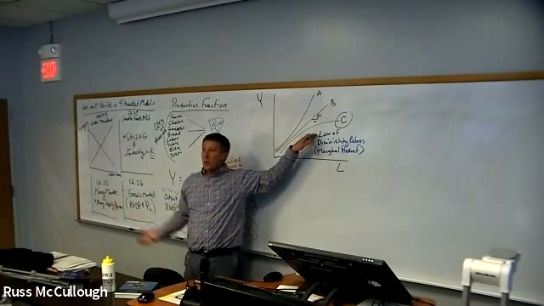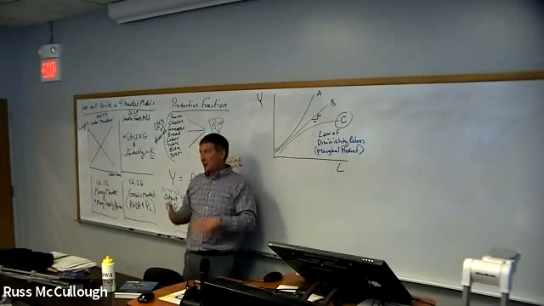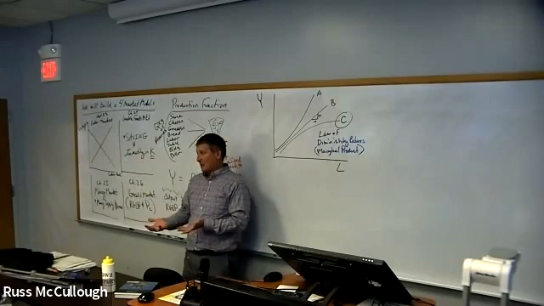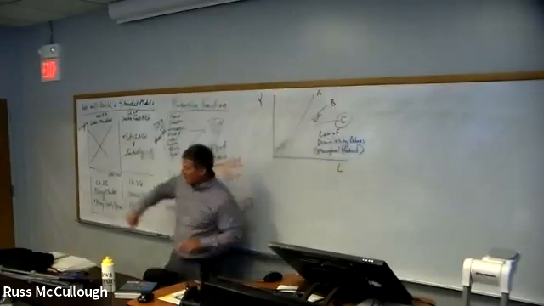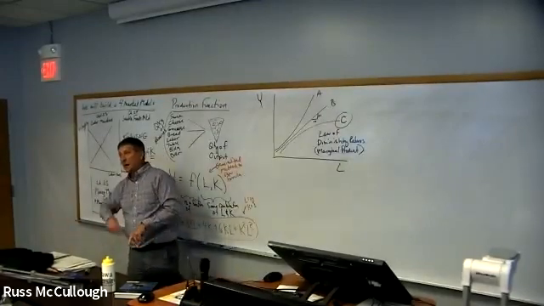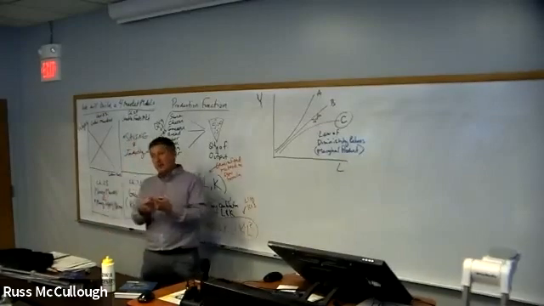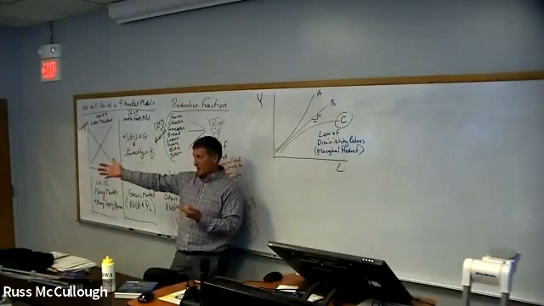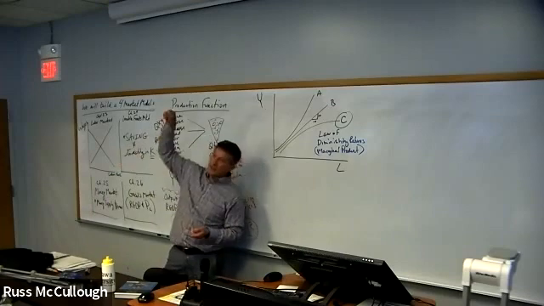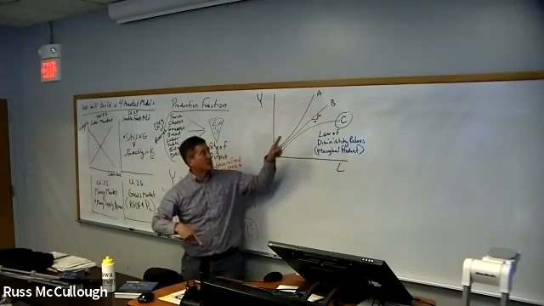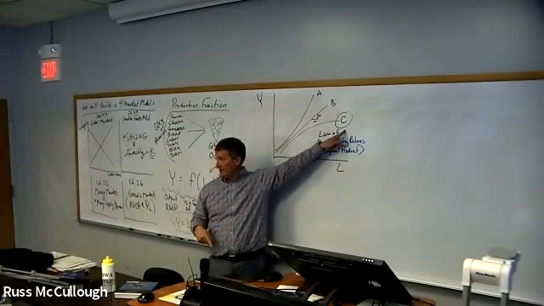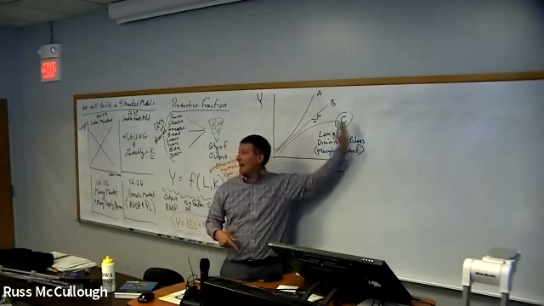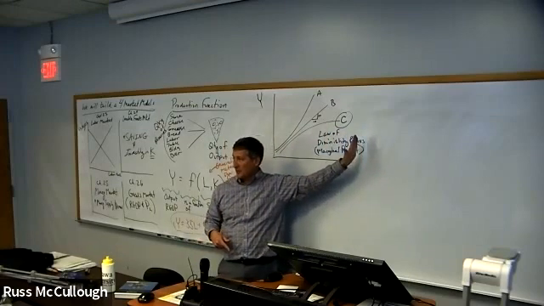As you add more and more of a variable resource, like labor, to at least one fixed resource, the grill top, the productivity of the additional resources, the extra Russes, will eventually diminish, which is capturing C. Extra Russes are not adding as much as the early Russes.